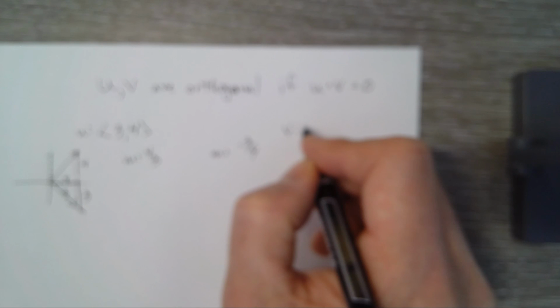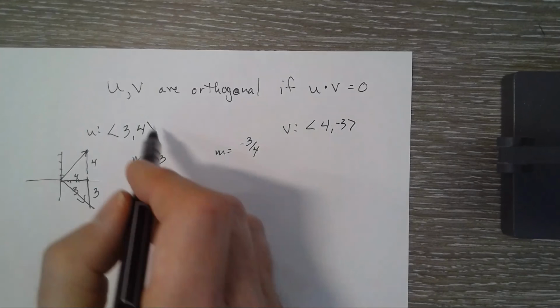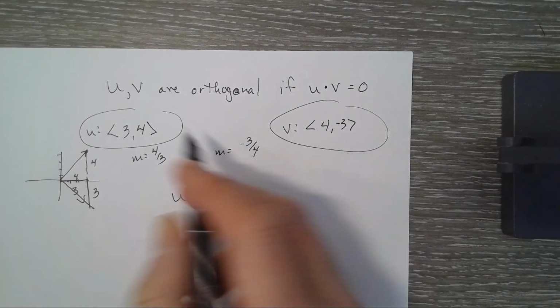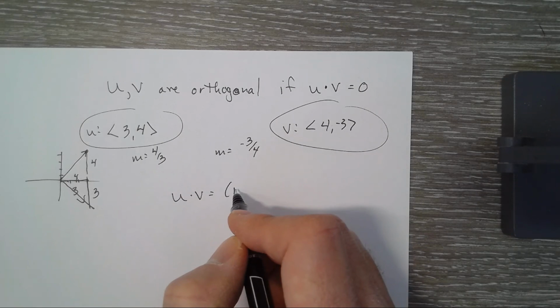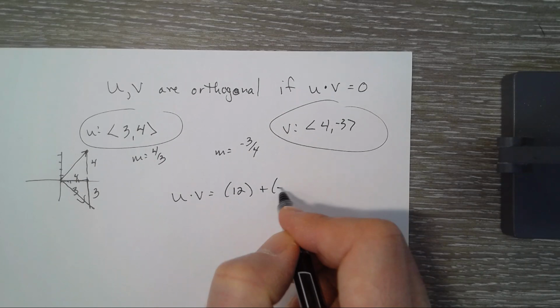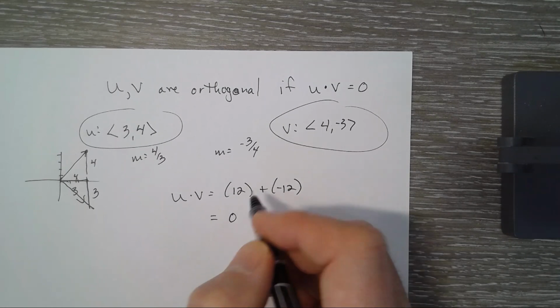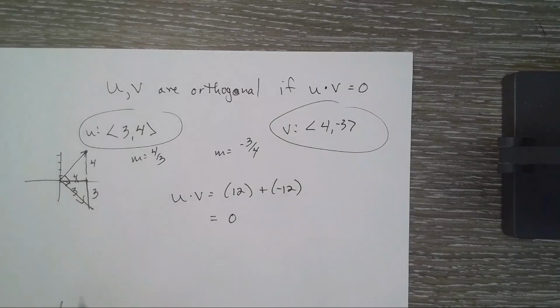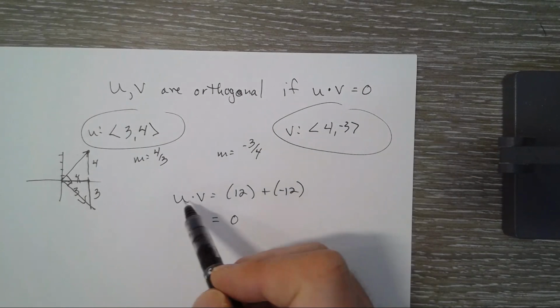Alright, so here's my u, here's my v. U dot v equals 3 times 4, which is 12, plus 4 times negative 3, which is negative 12, so we do end up getting 0. These two vectors are orthogonal because u dot v is 0.